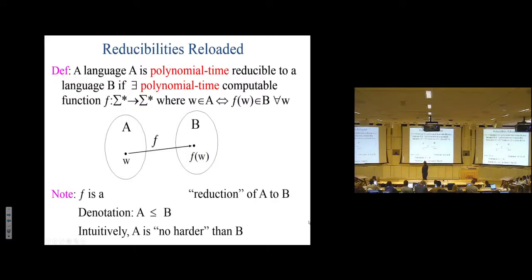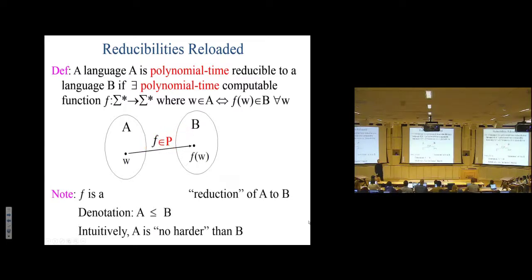So now we redefine this transformation, except throwing a clock on it, timing it, and saying a language A is polynomial time reducible to a language B if there exists a computable function f, and now f has to be computable or runnable in polynomial time, not just any old time. Okay, so exponential time is no longer allowed.